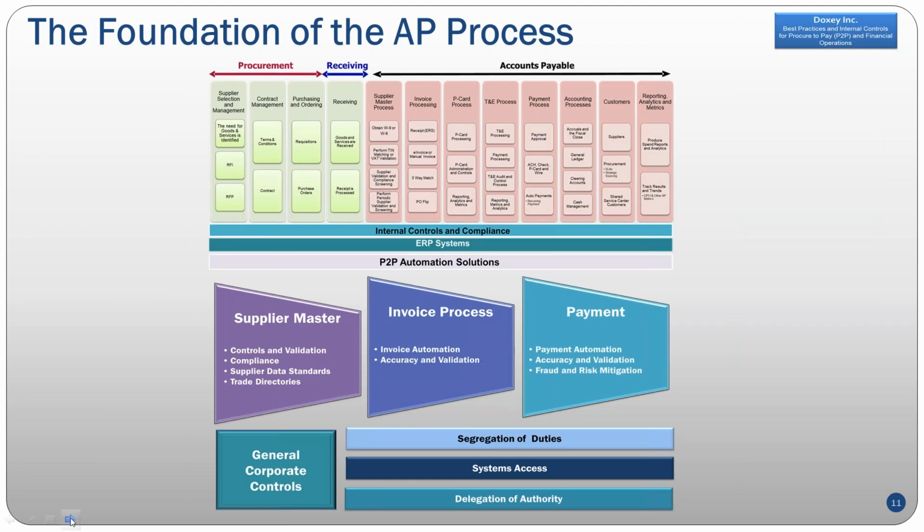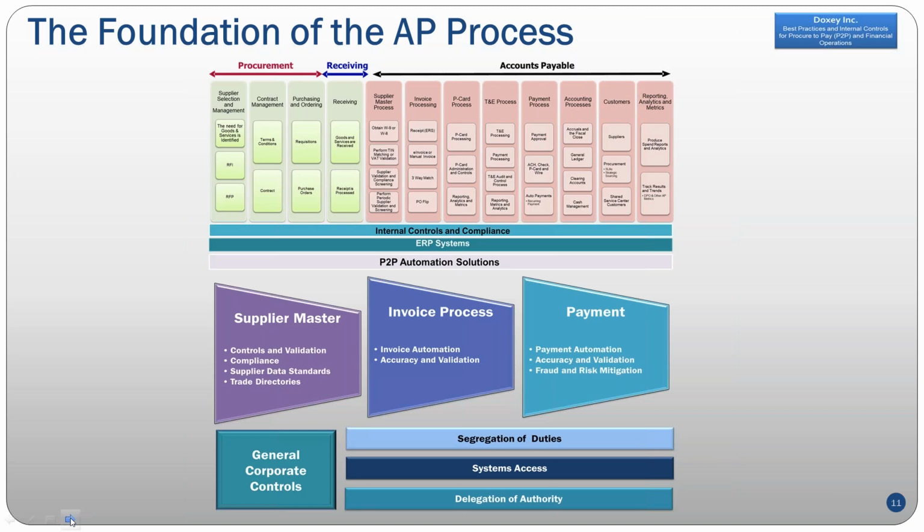We want to make sure that the information in the supplier master, how we're setting up a vendor or supplier, is certainly correct. And that can happen by the right controls, validation, compliance, using supplier data standards, alleviating the problem with multiple suppliers, putting our suppliers in the supplier master more than once.